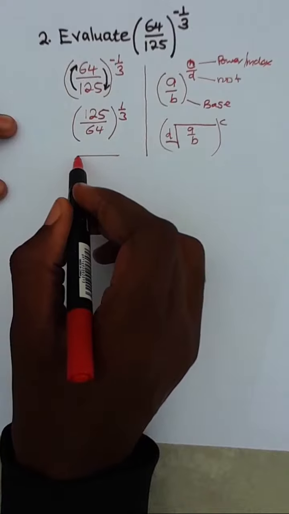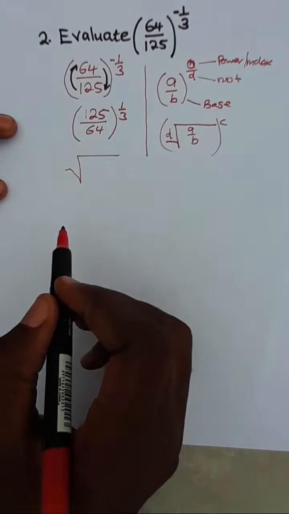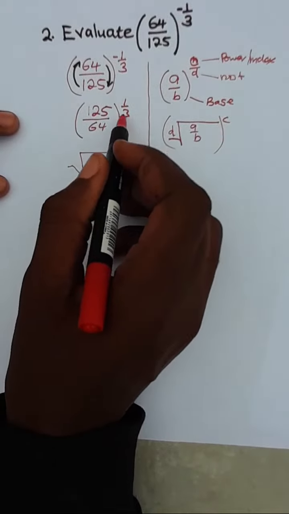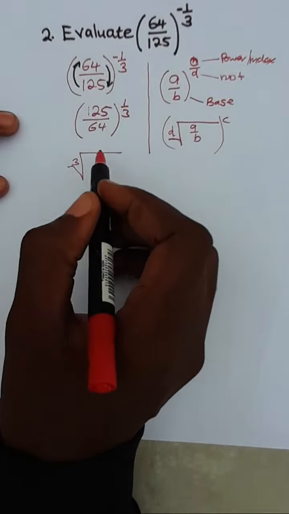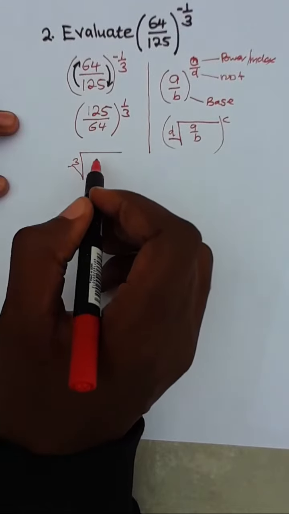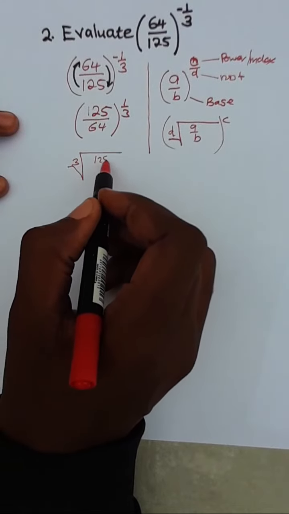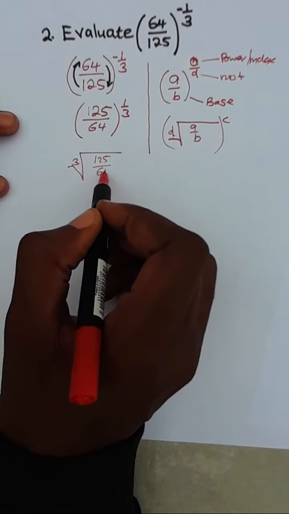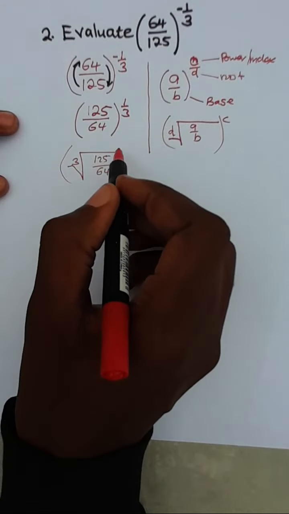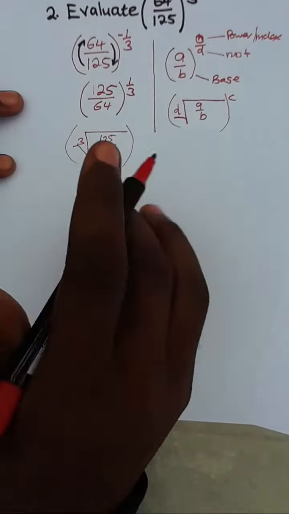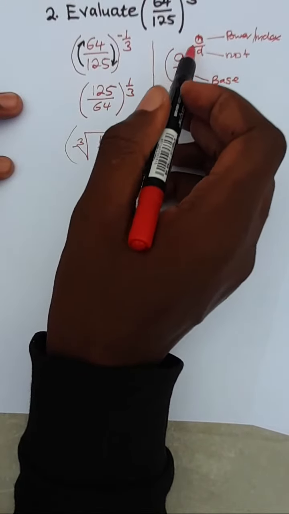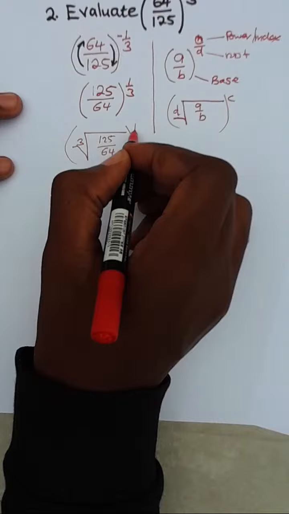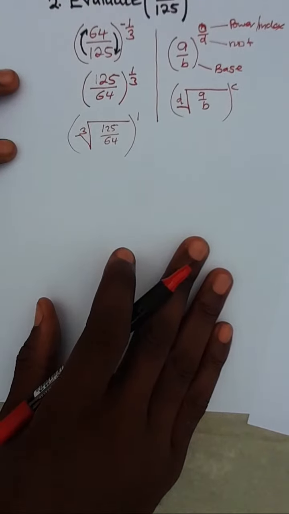This 3 here will come here, then the base will come inside, 125 over 64, and then everything being raised to the power c, which here is 1. Everything is being raised to the power 1.